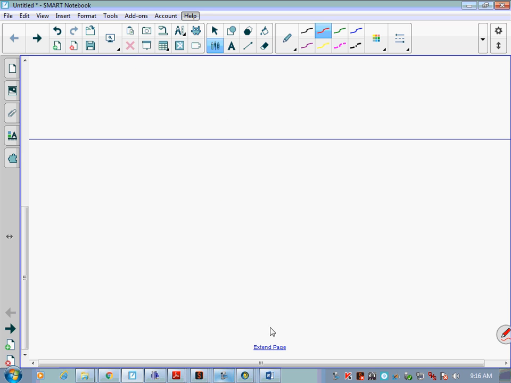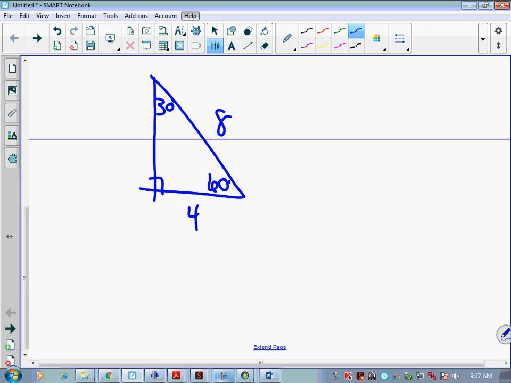Let's dim this page down and let's make a 30, 60, 90 triangle, and fill in some gaps. Let's say that the side opposite 30 is 4. What is going to be my hypotenuse? 8, because I'm going to take 4 times 2, and that's going to give me 8.